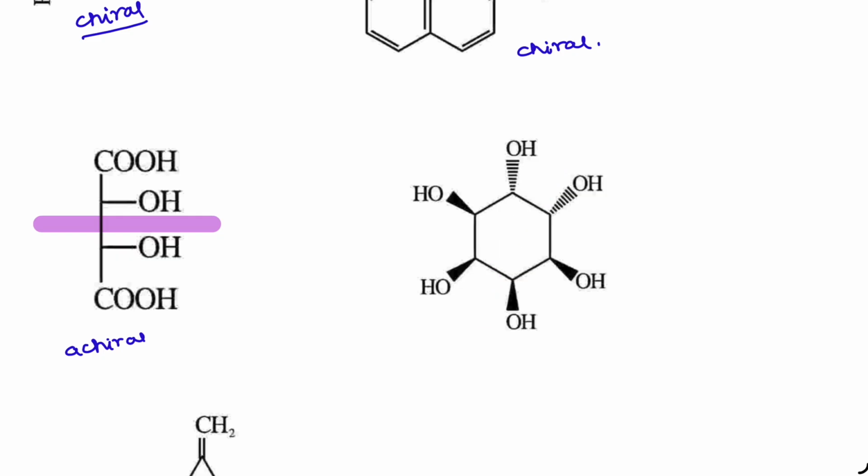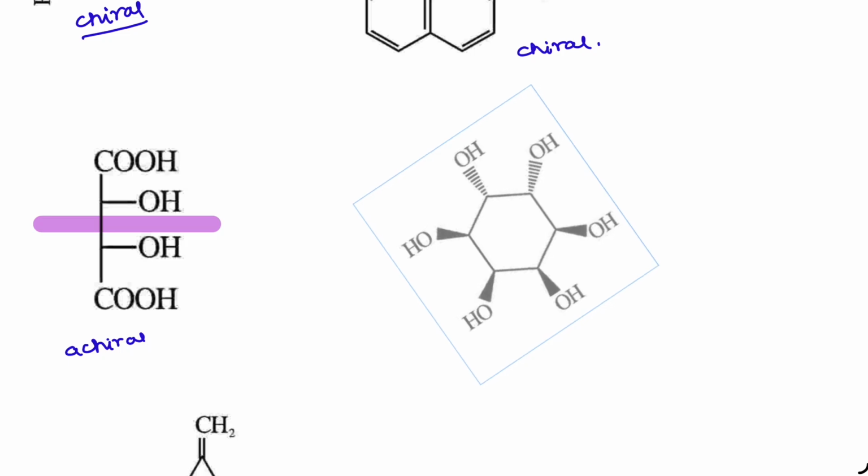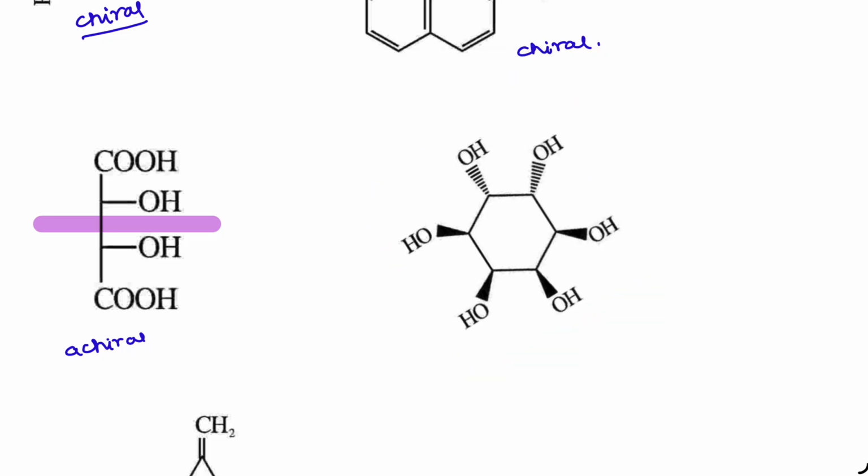If you have any confusion, for your convenience, let me rotate it like this. Now you can see the plane of symmetry. If you cut the molecule like this, you can see the molecule is divided into 2 equal halves. Here we have OH below, here also OH below, here OH above, here OH above.